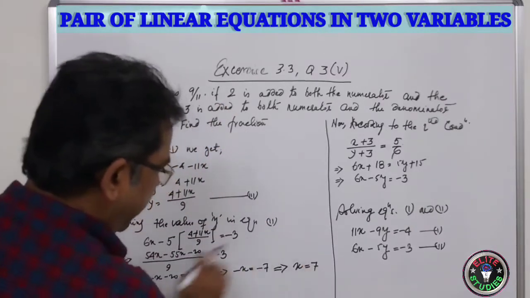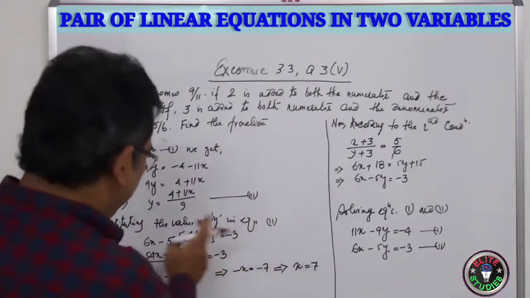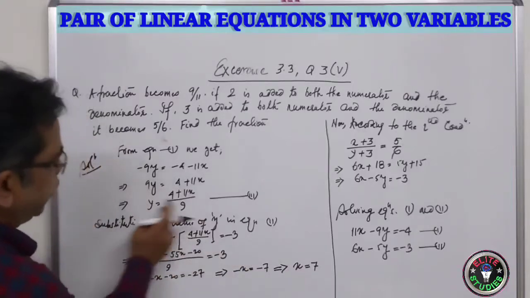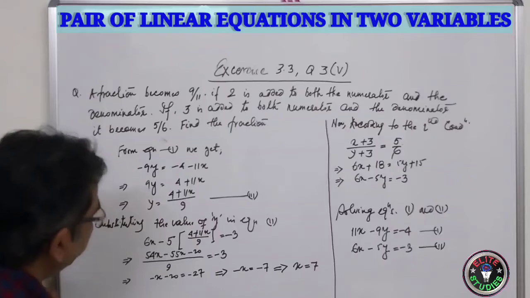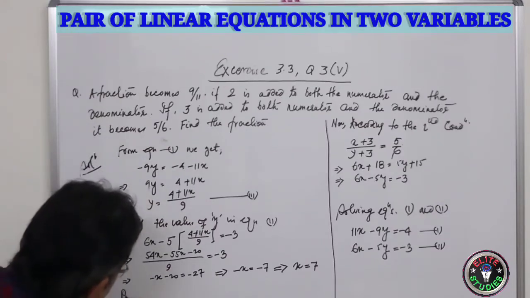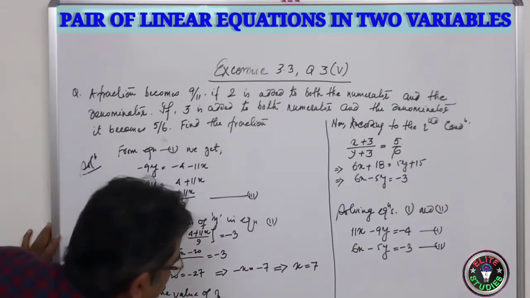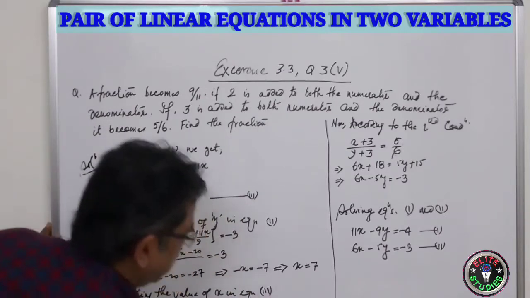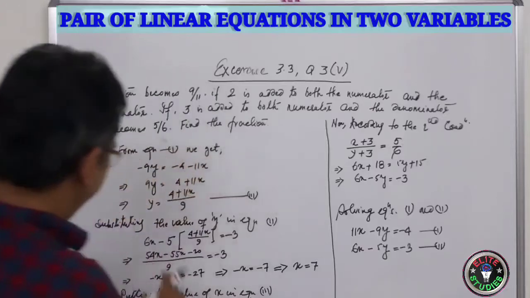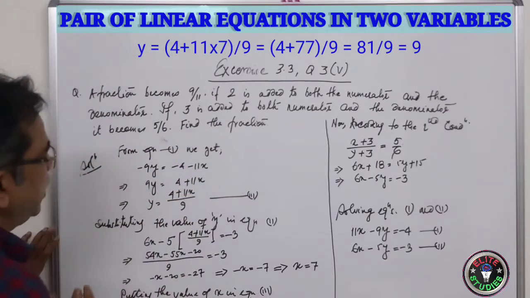Now you have got x is equal to 7. When you got x is equal to 7, we have to now get the value of y. To get the value of y, you put the value of x in equation 3. Putting the value of x in equation 3, what we will get? y is equal to (4 plus 11x) by 9.